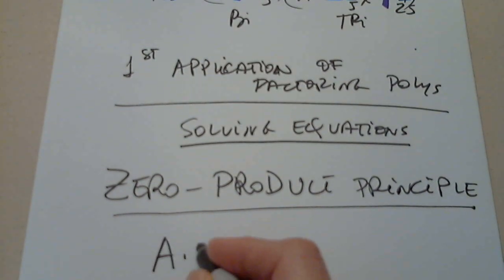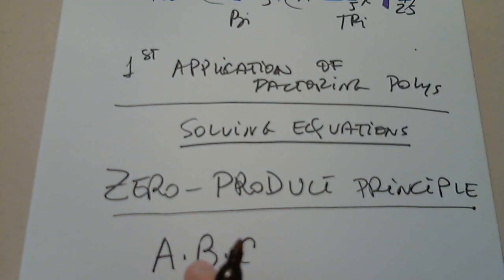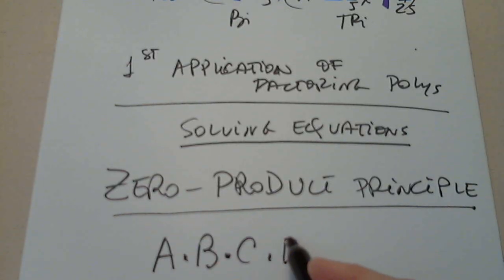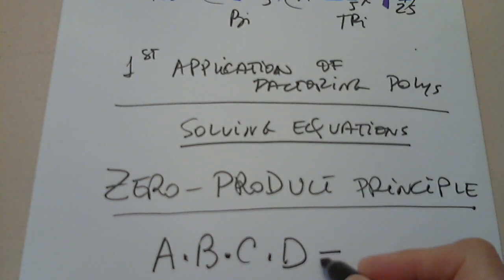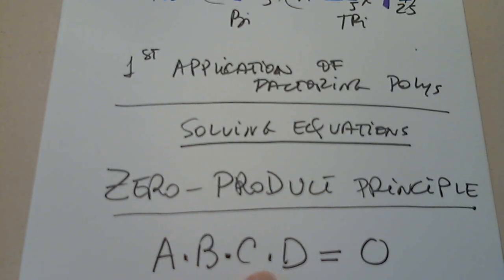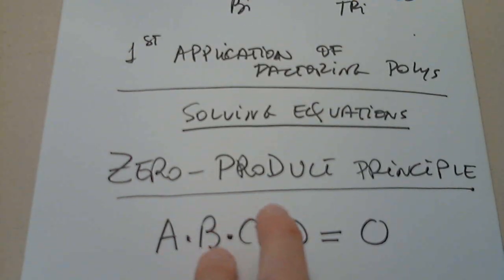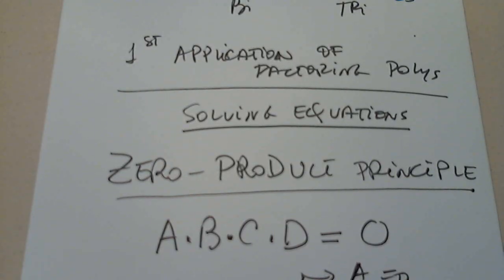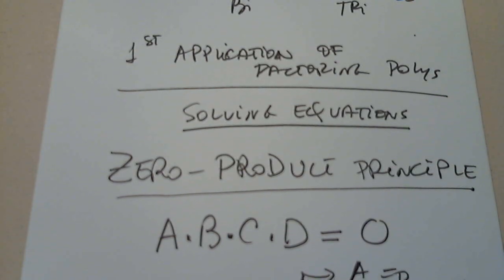If I have any number of factors, they are multiplied, not terms, factors, any number of factors, let's say 4 factors, set equal to 0, zero product principle. If I have 4 factors, then I have from here either A can be 0, or B can be 0, or C can be 0, or D can be 0.